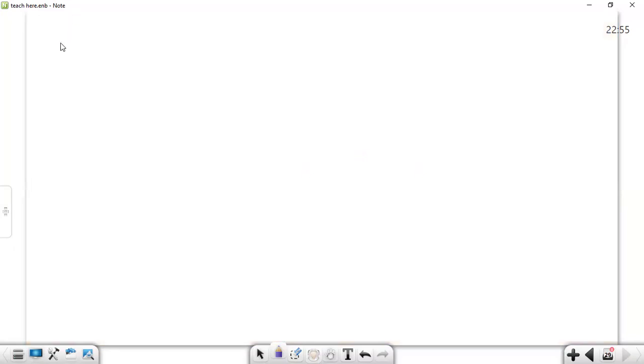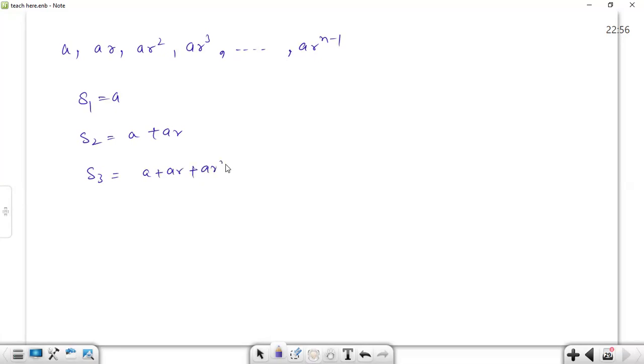Okay, so let's now try to find out the sum of n terms. So the GP was looking like this. These are n terms of GP, right? The sum of the first term is A. The sum of two terms is A plus AR. The sum of three terms is A plus AR plus AR square.